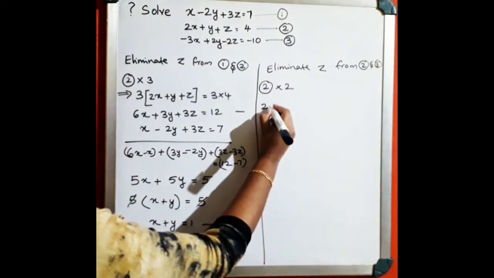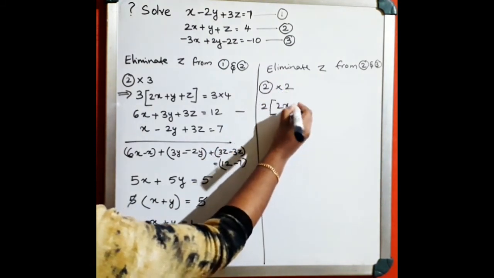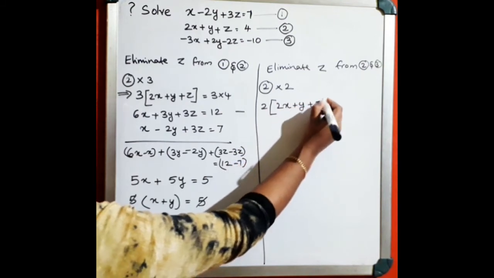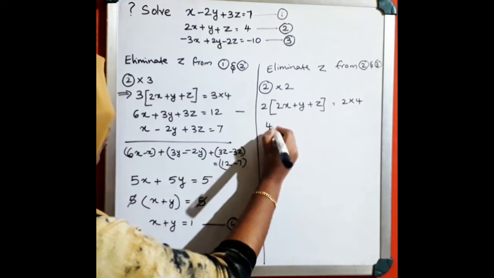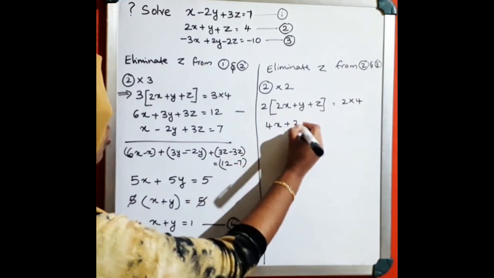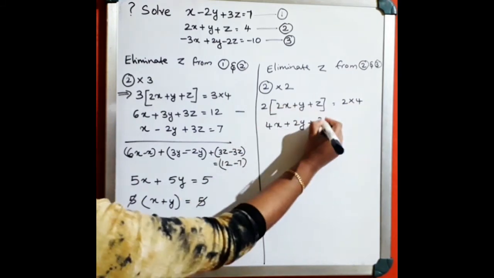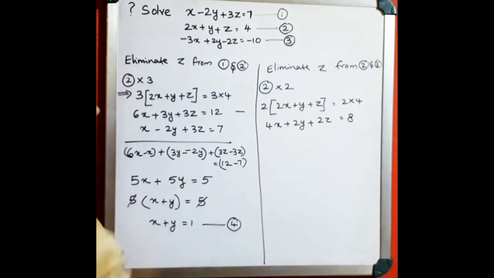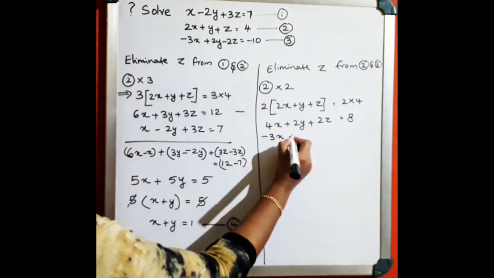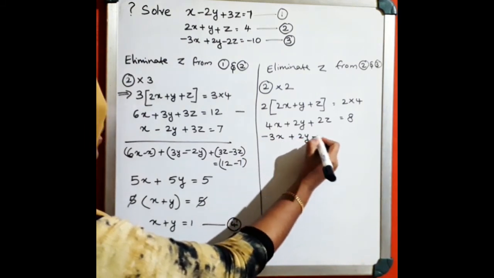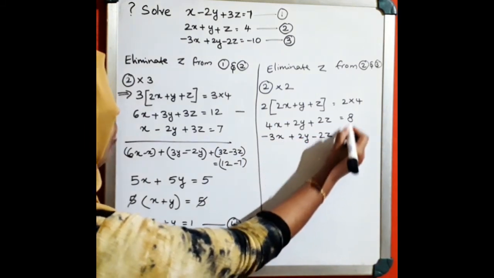We get 2 into 2x plus y plus z is equal to 2 into 4. That is 4x plus 2 into y is 2y plus 2 into z is 2z is equal to 8. And the third equation is minus 3x plus 2y minus 2z is equal to minus 10.